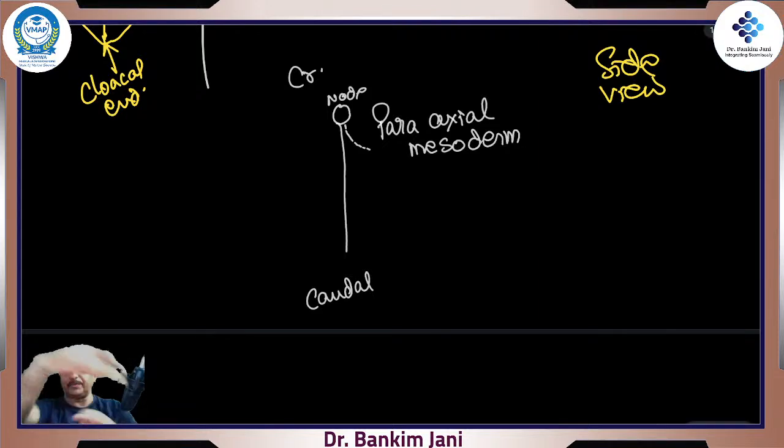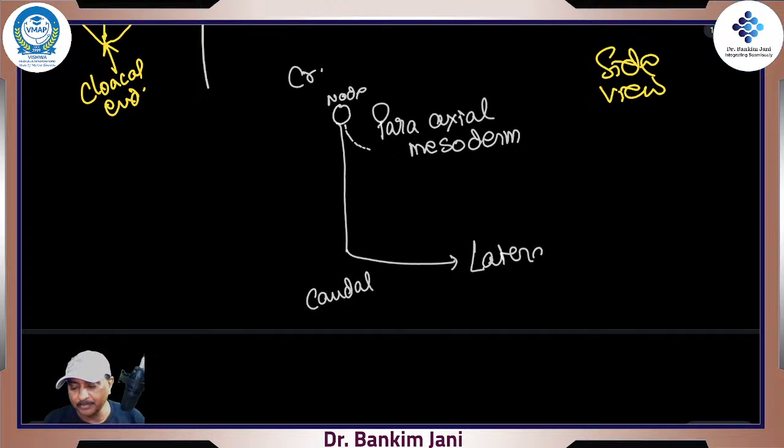So if this is the whole surface, on your side it is the cranial end. So cells which are going from there, right? They are paraxial. Then there are cells which are on this side, that is at the caudal end. When they are going, they will be going like this. So that is called the lateral mesoderm.